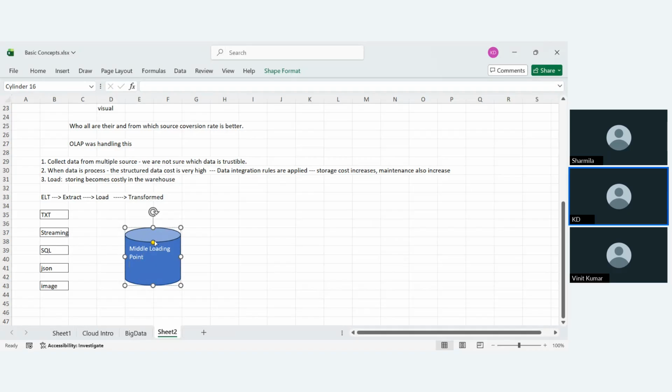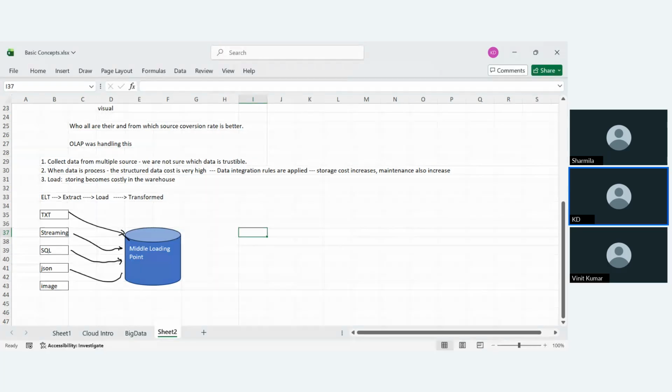Right here all the data is stored. Once data comes, it will be stored here as it is, not converted, not placed anywhere. No matter what format it is, everything is stored in this place.